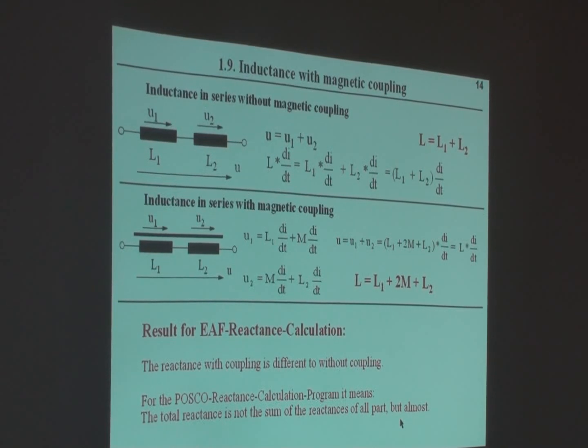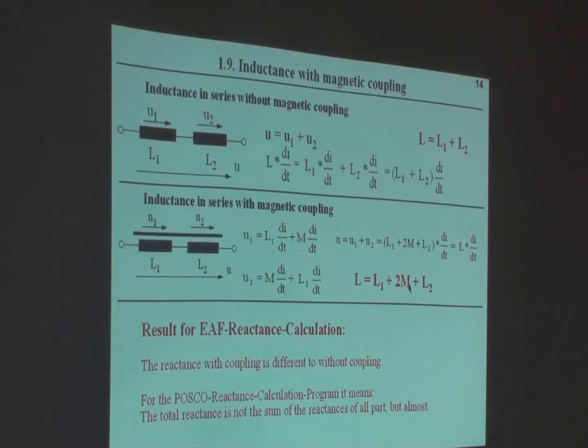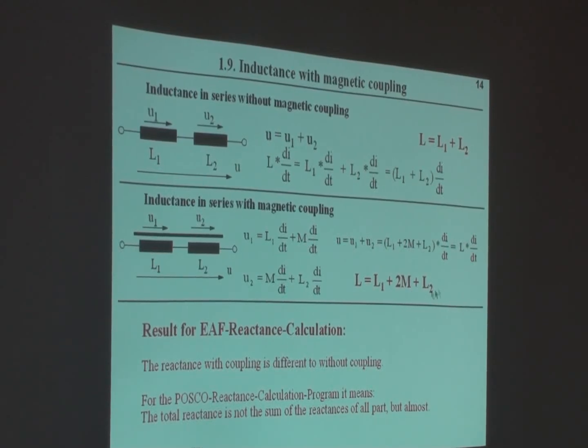Yes, but with a different purpose. And you don't have to calculate this. If you say the coupling M is 0, you have the same formula. But important is that you have a coupling between all things.